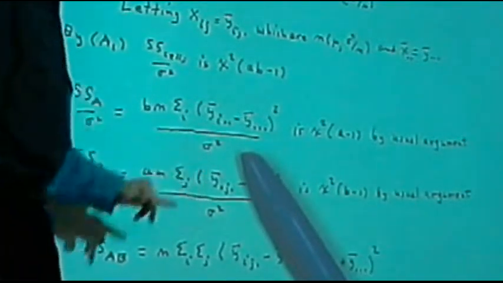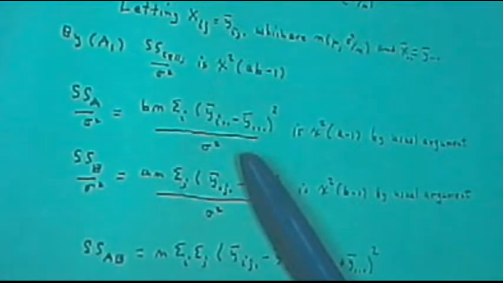Now, looking at sum of squares B over sigma squared, here's the formula for it. It's the same kind of thing as we had for A. And that, by the same kind of argument, can be shown to be chi-square B minus 1.